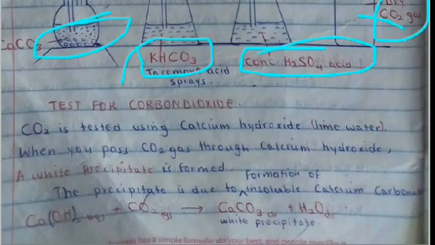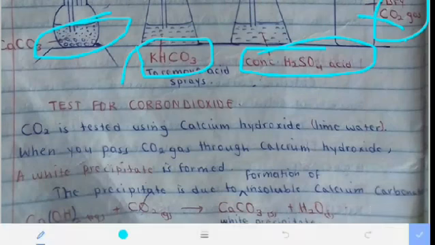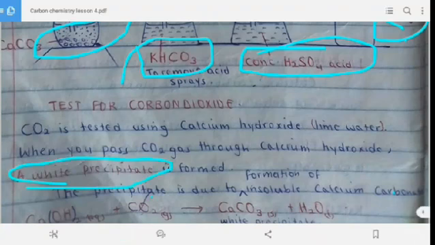So what do you observe? When you pass carbon dioxide gas through calcium hydroxide, a white precipitate is formed. Hope we are together. And now the equation will be calcium hydroxide plus carbon dioxide gas.